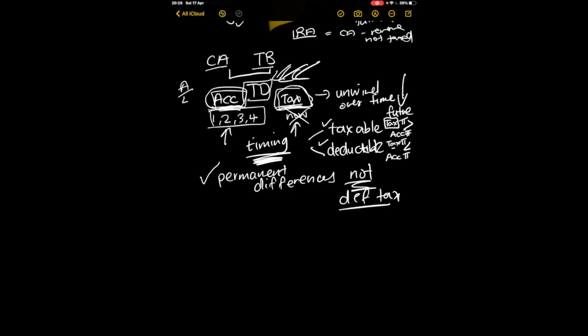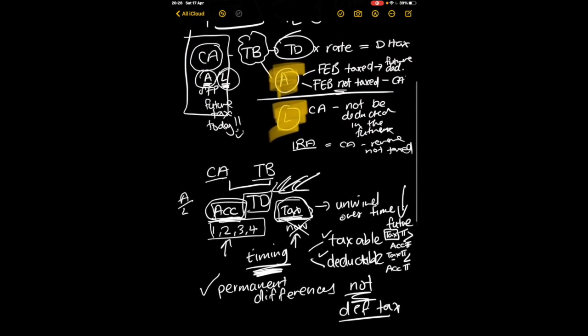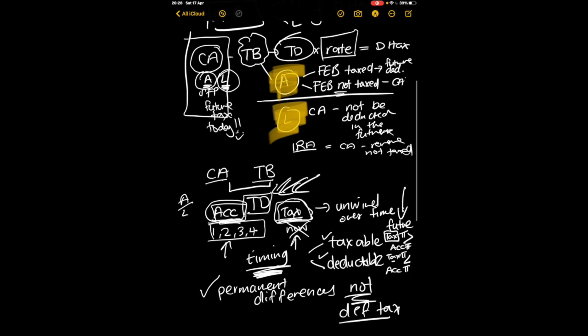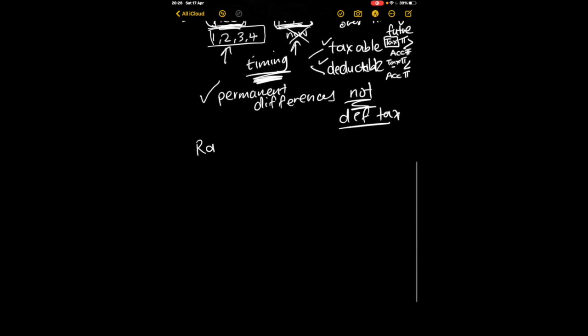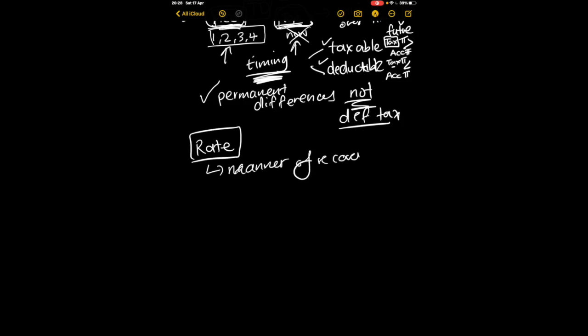Okay, so that's the temporary difference part. Let's see what's the next part. It is our rate. So let's talk about the rate. It must reflect the manner of recovery. Meaning if we expect to recover our asset through use, we must use a tax rate that reflects usage, so for example a revenue tax rate.